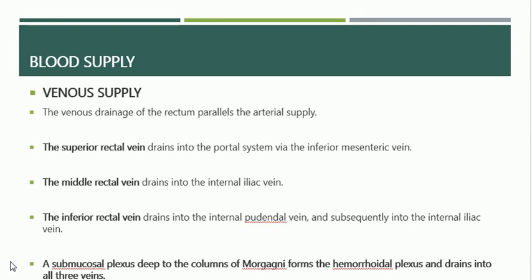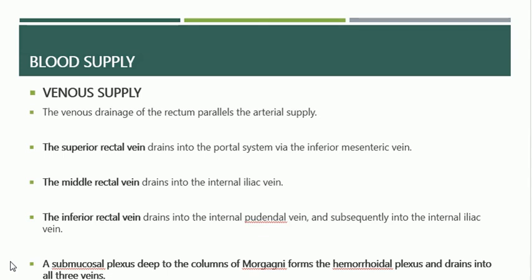It continues as the inferior mesenteric vein, which drains into the splenic vein, and the splenic vein and superior mesenteric vein form the portal vein. So superior rectal vein blood goes into the portal system.